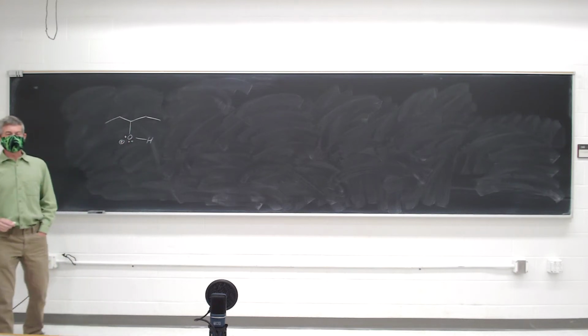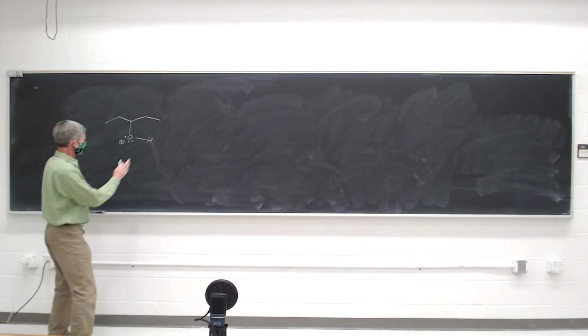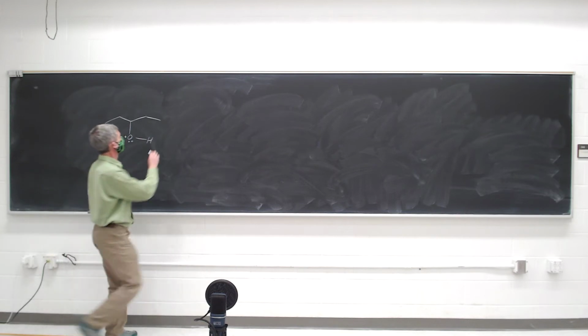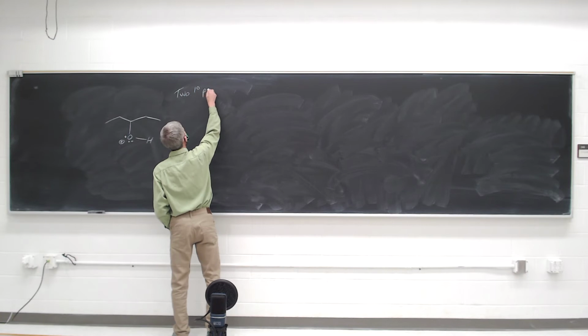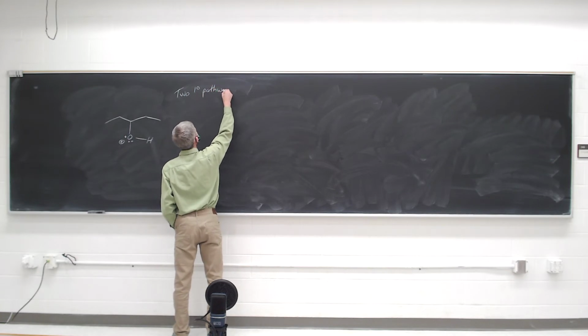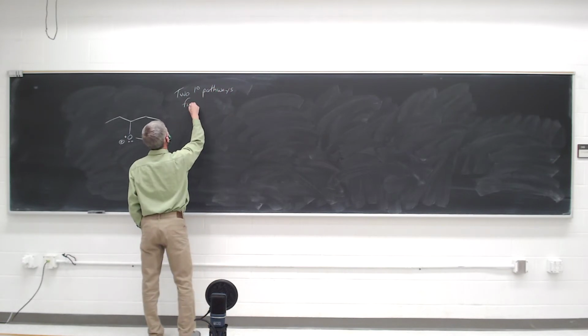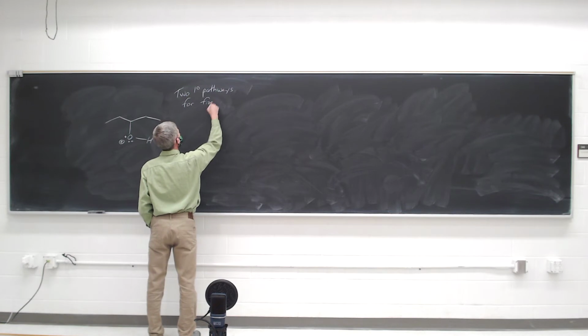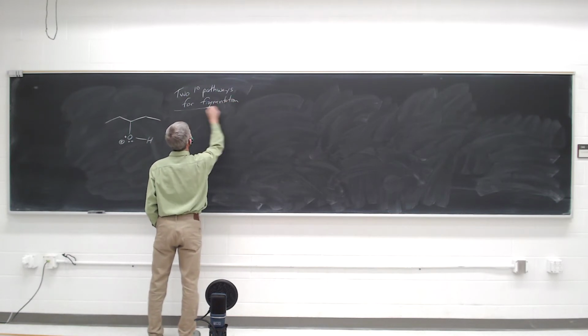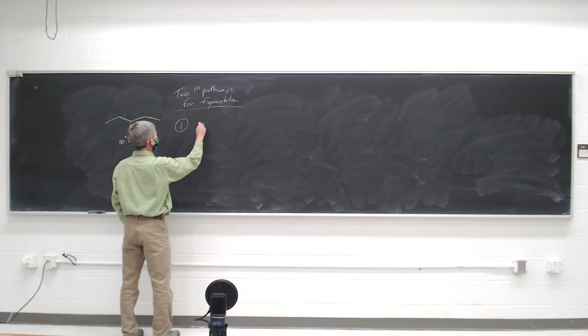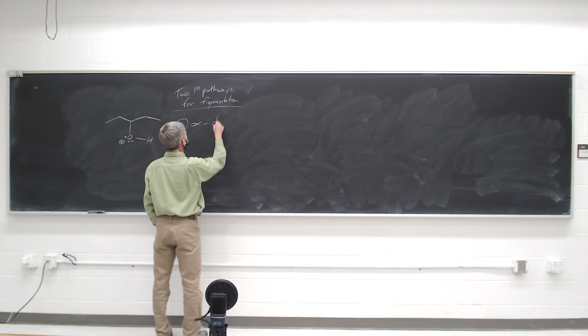So we have our radical cation. It's going to fall apart. There are two primary ways by which these things fall apart. The first is through a process called alpha cleavage.